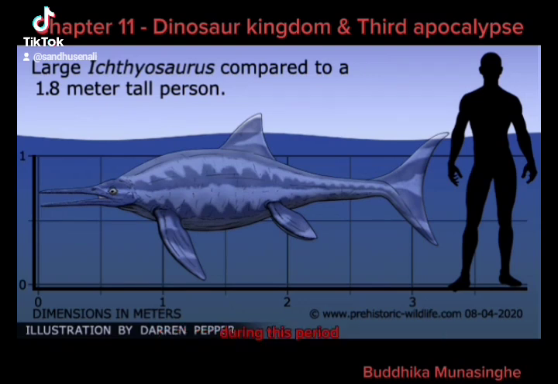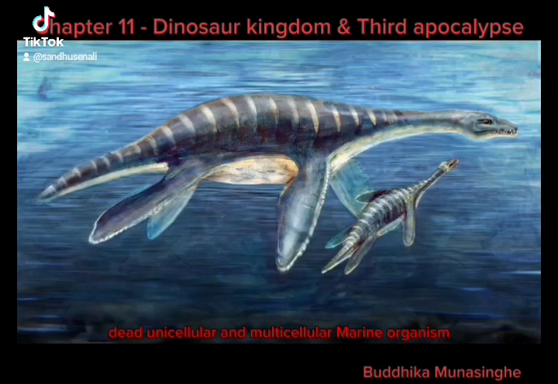During this period, the bodies of dead unicellular and multicellular marine organisms were deposited in layers on the ocean floor, subjected to high pressure and heat and turned into petroleum.